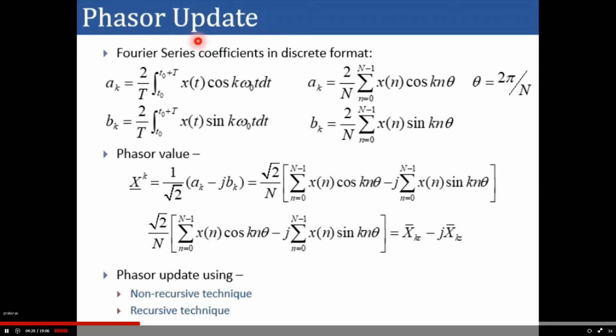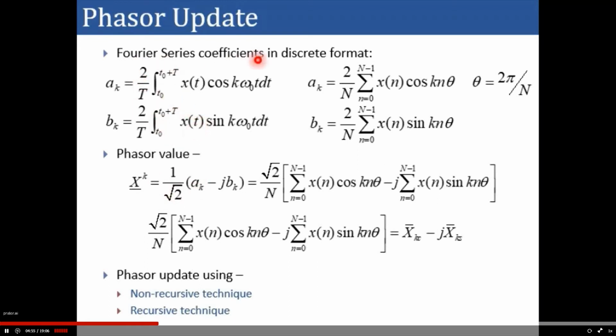Initially we take one window of sample data and find out the value of the phasor, and then after the next sample we have to rerun the phasor estimation and again find out the value of the phasors. Before going into the details of how we do the phasor update, let's see how we can simplify the phasor representation into real and imaginary components.